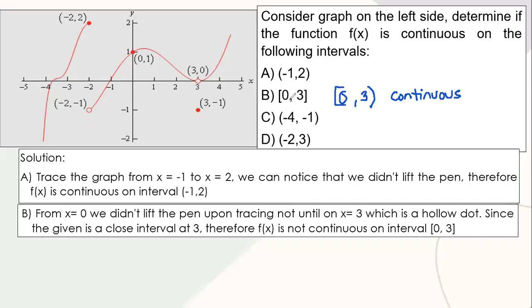For letter C, okay, so for interval x equal to -4 to x equal to -1, we have an open interval here. So hindi included si -4 and -1. Okay, so nasan ba yun? Tingnan natin sa graph. Si x equal to -4, okay, so here it is. So we'll be tracing the graph from -4 to -1.